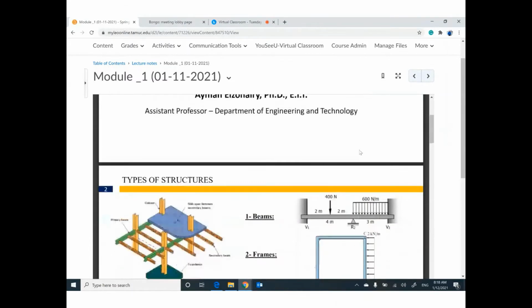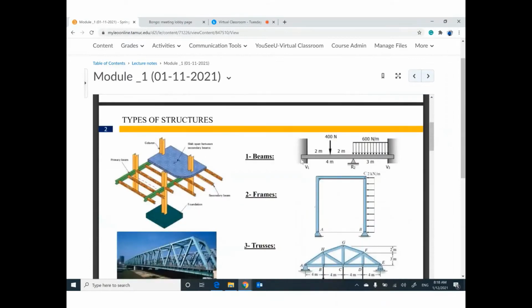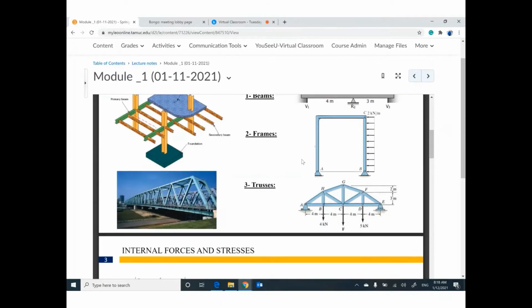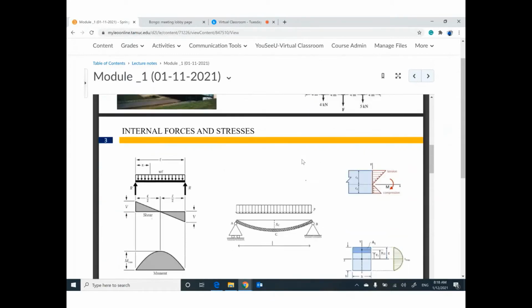So during my live meeting, you can add your own notes. I didn't write everything in these notes, but I wrote the basics, the main knowledge, the main information, so you can add your own by hand during my teaching.